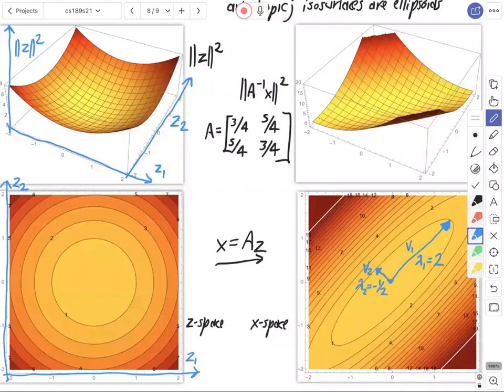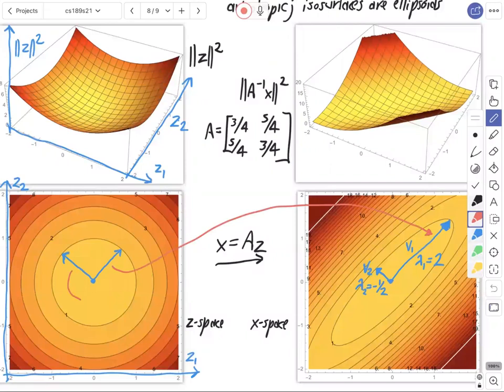And so one way to think about this is that we started off with unit vectors pointing in the same direction as v1 and v2. And when we apply A to those vectors, well, this unit vector gets mapped to a vector that's twice as long, just like I showed you before.